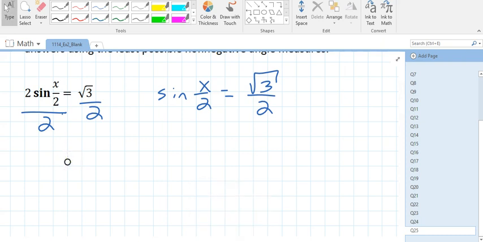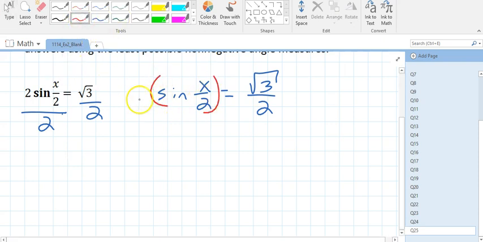So what are we going to do now to figure out what x is? You do the inverse on both sides. So sine inverse. Is the square root of 3 over 2 in the domain of sine inverse?